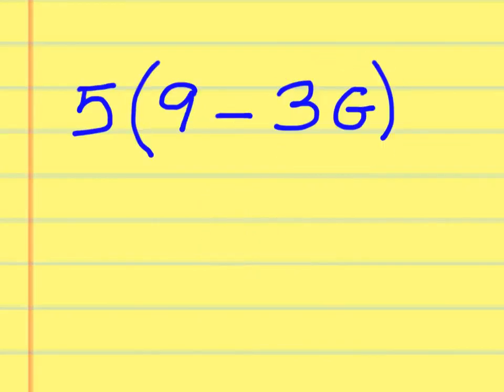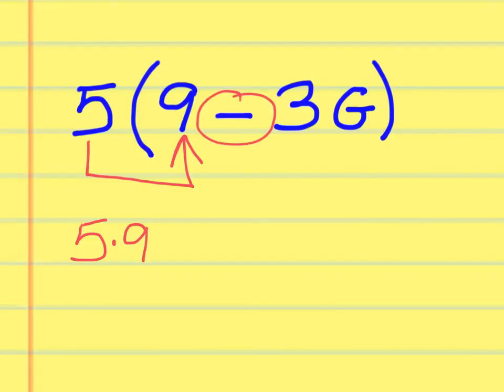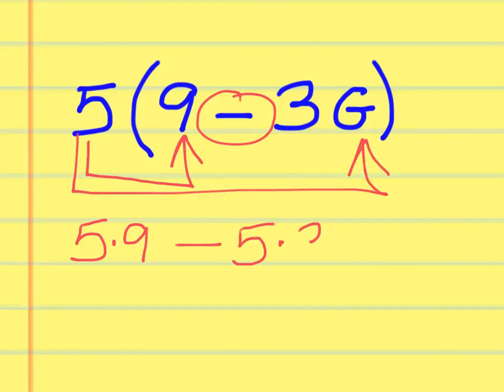Now I have 5 times the quantity 9 minus 3g. Remember the distributive property. 5 times 9. Keep your sign from in the middle. And then 5 times 3g. That's not a 6, that is supposed to be a g.